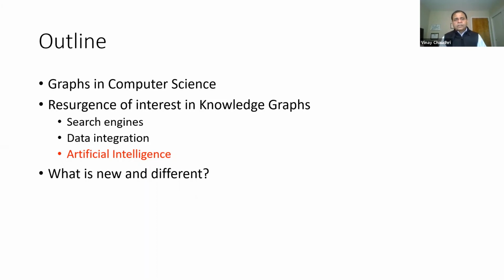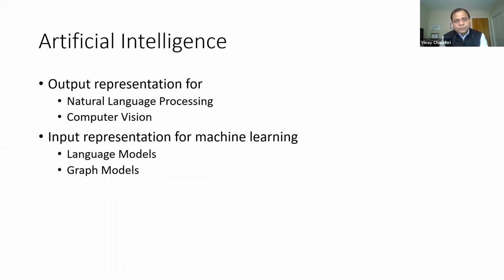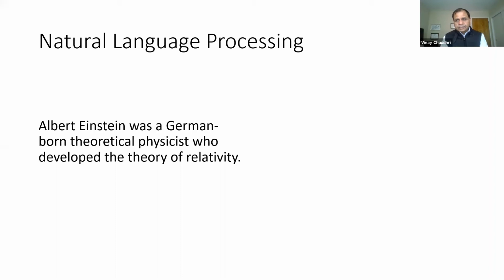Let's now talk about how knowledge graphs are being used with artificial intelligence. And I'm going to break it down into use of knowledge graphs for output representation and use of knowledge graphs for input to machine learning. First, we will take the example of natural language processing. And let's take this simple sentence. Albert Einstein was a German-born theoretical physicist who developed the theory of relativity.